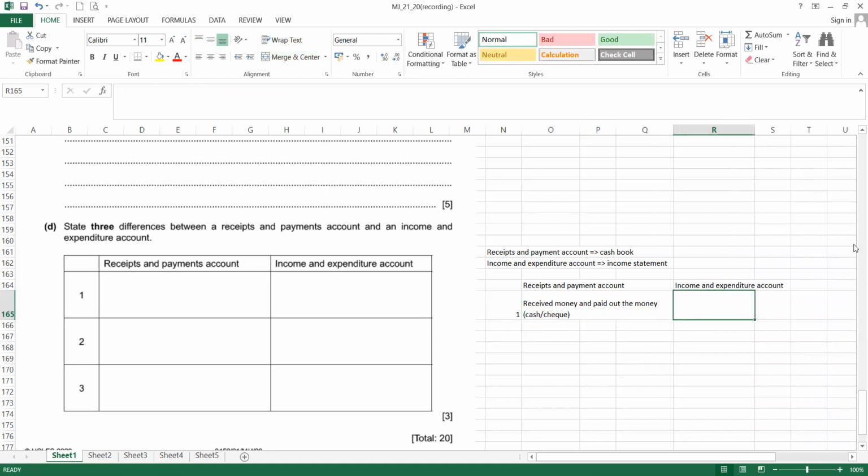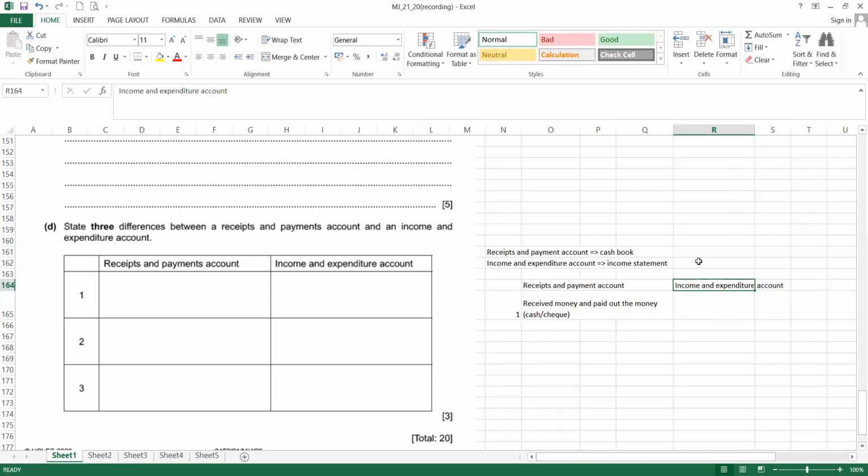Income and expenditure is only for the income statement. We talk about the income, revenue, income, expenses, cost of sales. But because this is a service account, the club is providing the service.